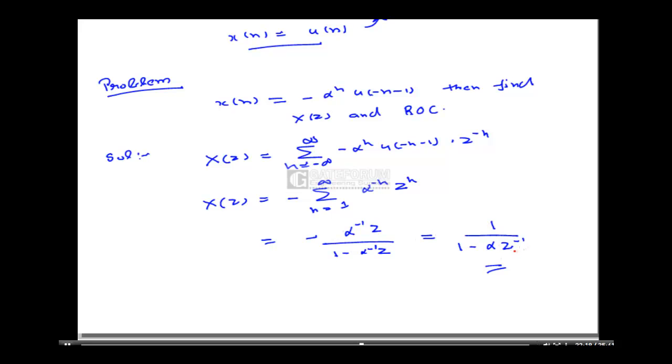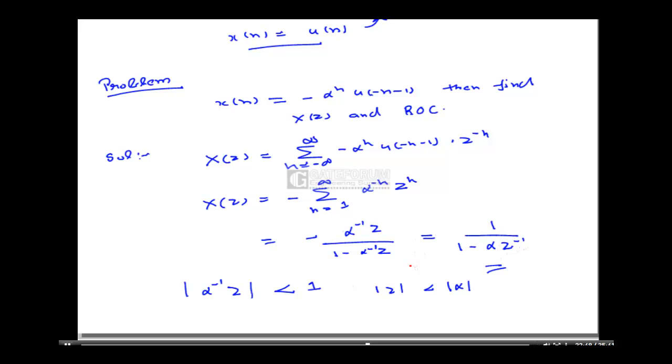Now, how to discriminate? We discriminate on the basis of region of convergence. Here, alpha inverse z should be less than 1, or mod z should be less than mod alpha. That means we have seen earlier the case when the signal is a causal signal, meaning x[n] lies for all the positive values. My region of convergence is outside the circle.